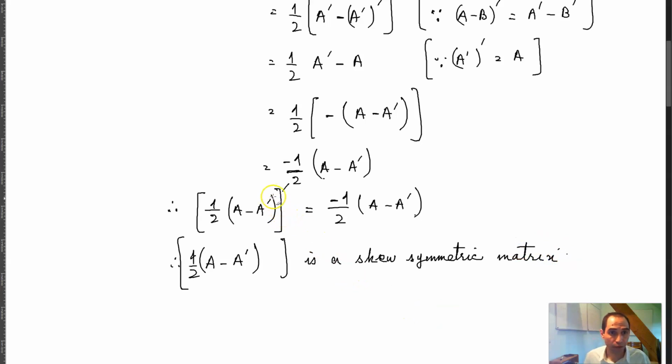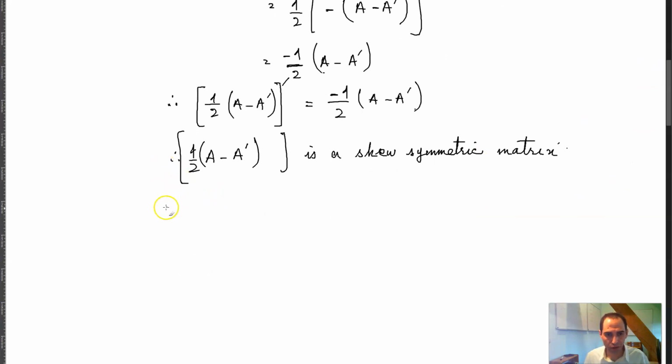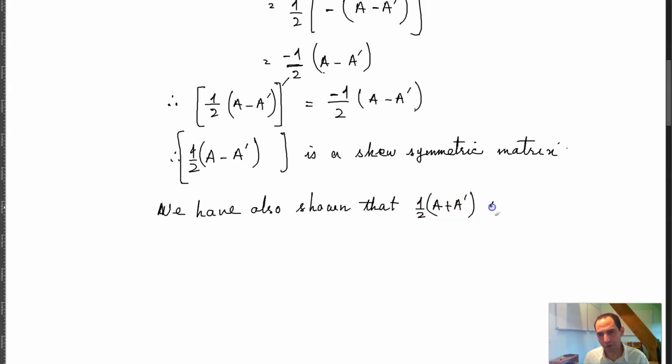So now we have shown that, and also we have shown that 1/2 of (A plus A prime) is a symmetric matrix.